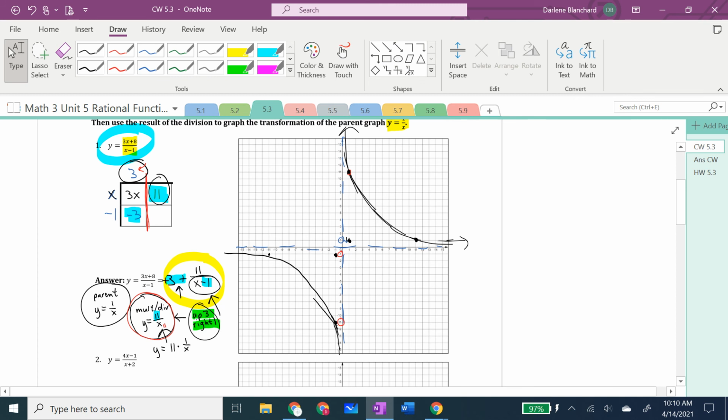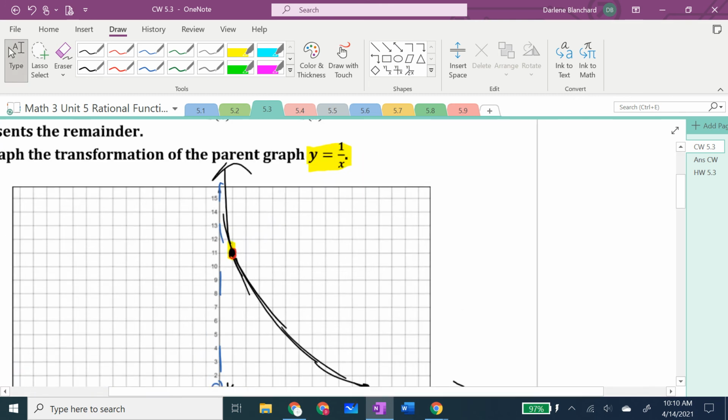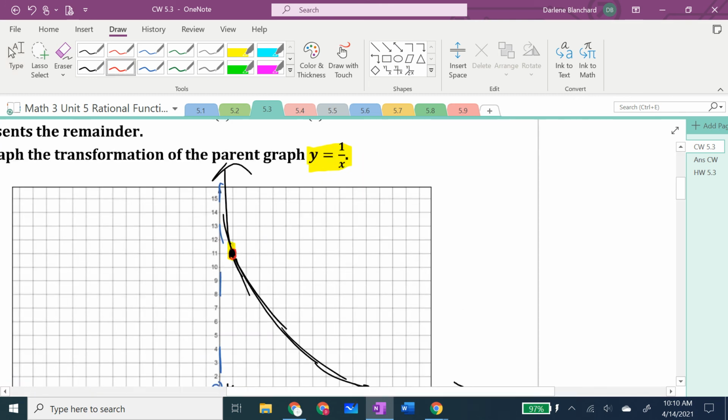Okay, now the last step is to move everything. So I'm going to highlight the points that I expect you to follow, and those points are going to be moved. I'm going to move them up 3, right 1. So up 3, right 1.